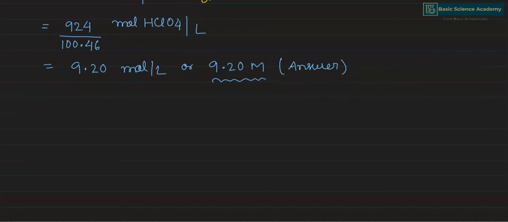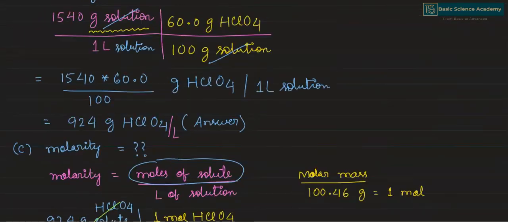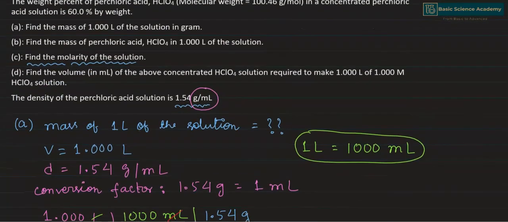Now let's move to part D. Part D asks to find the volume of the above concentrated HClO4 solution required to make 1 liter of 1 M HClO4 solution.